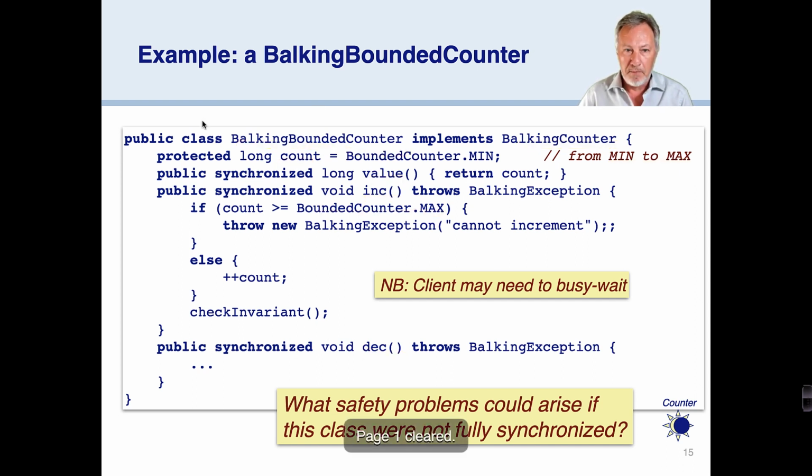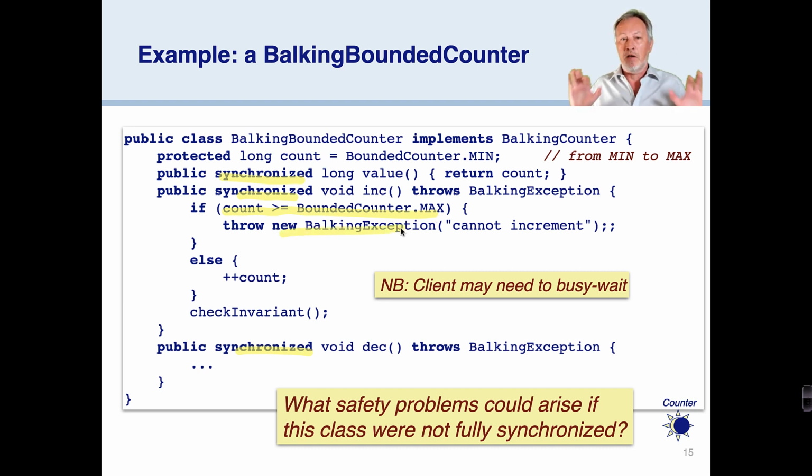So here's a balking bounded counter. All the methods are synchronized, value is synchronized, inc is synchronized, and decrement is synchronized. We have a precondition for incrementing. We check that the count has not reached the maximum value, and if it does, instead of doing the classical kind of wait loop, we'll throw an exception.